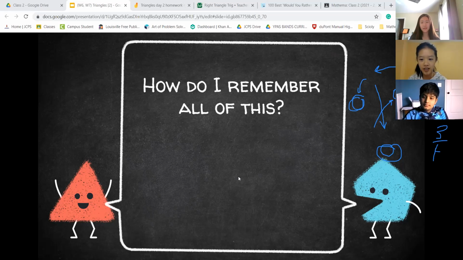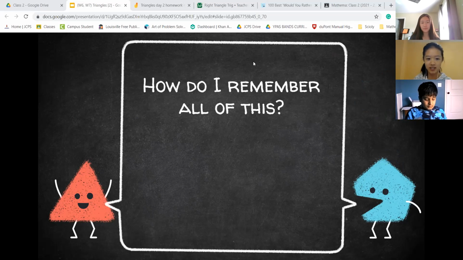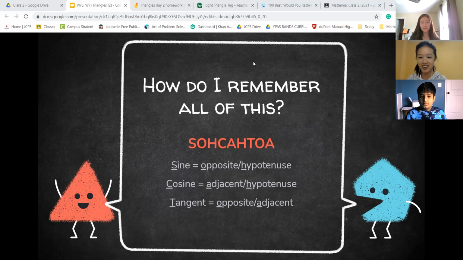The last slide might have had a lot for some people, and that's okay because there's a way to remember what sine, cosine, and tangent stand for. It's a mnemonic called SOHCAHTOA. The first part, SOH, means sine equals opposite divided by hypotenuse: the side opposite the reference angle divided by the hypotenuse of the triangle.